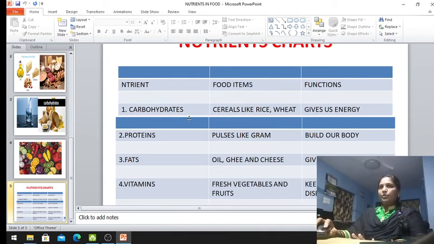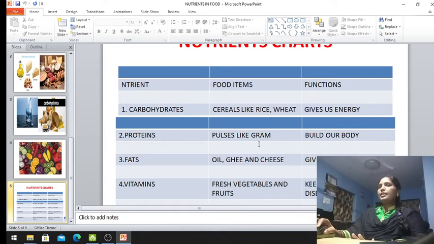So the first nutrient is carbohydrates. Food items like rice, wheat and other cereals have carbohydrates. The function of carbohydrates is to give us energy. And the next type of nutrient is protein.